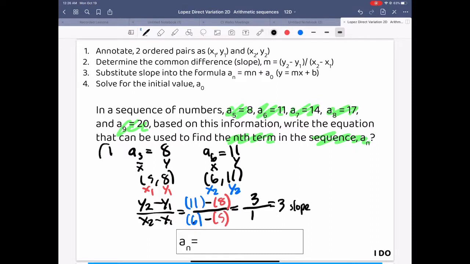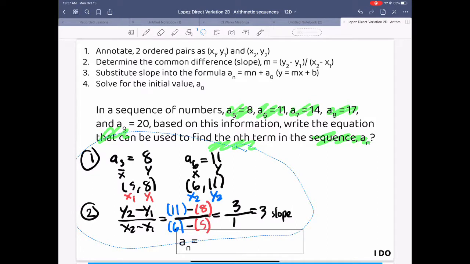Again, this was step 1. What's the label? Step 2, determine the slope. Now at this point, I'm going to move that over for a second. Now I'm going to take my slope and pick a point, it doesn't matter. If you go for the positive, it's always going to be the easiest one.